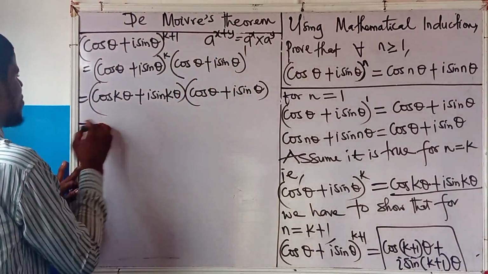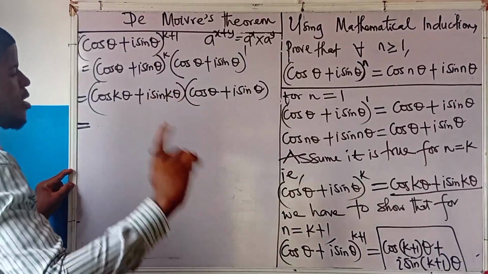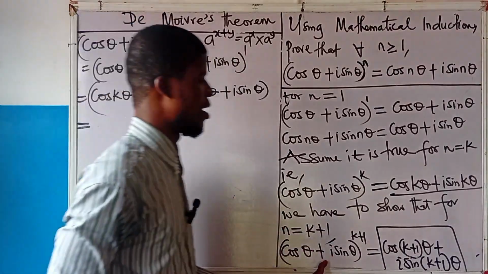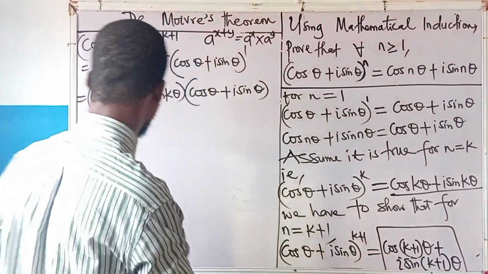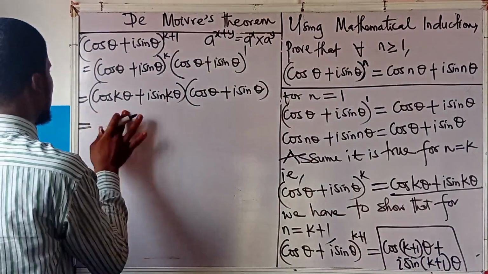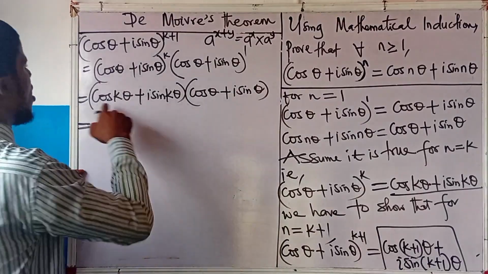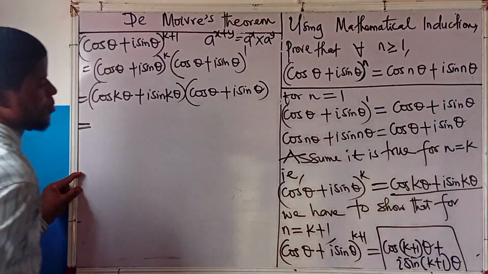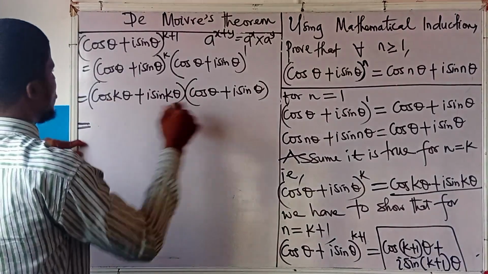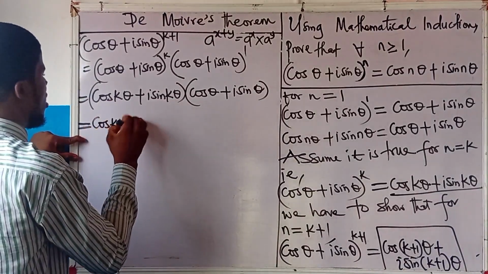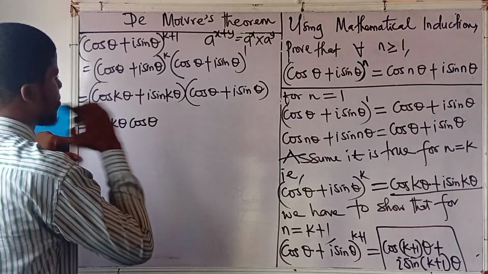So the next step is to expand this bracket. We are trying to manipulate this expression at the left hand side to give us the right hand side. That's what we are doing, performing correct mathematical operations. I will expand this bracket. This times this, that will be cos k theta cos theta.